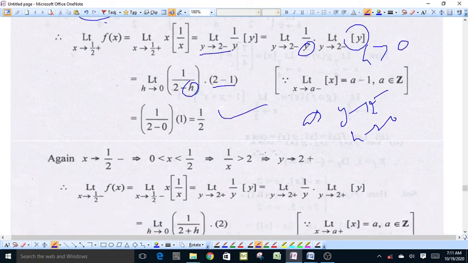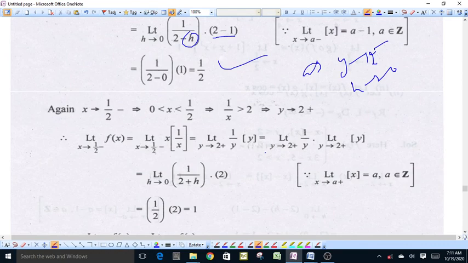Now again if x approaches to half from left, this means x lies between 0 and half, that is 1 by x is greater than 2, but 1 by x is equal to y, this means y approaches to 2 from right.